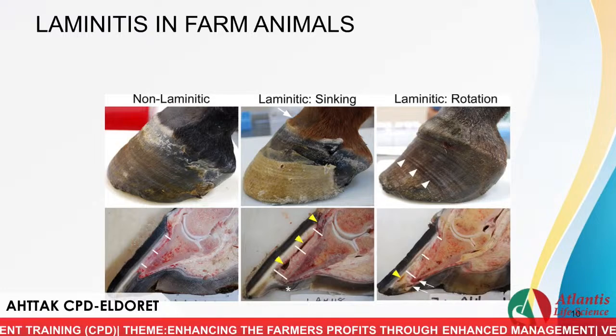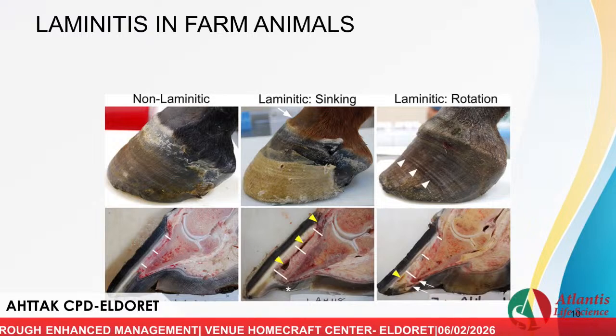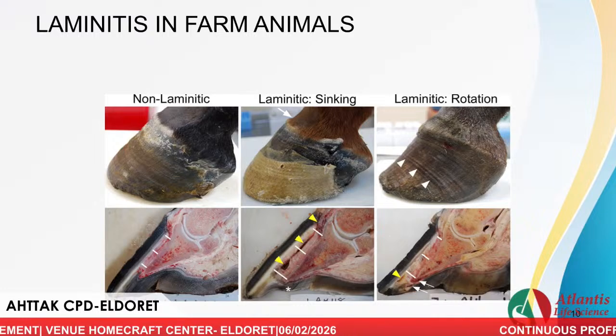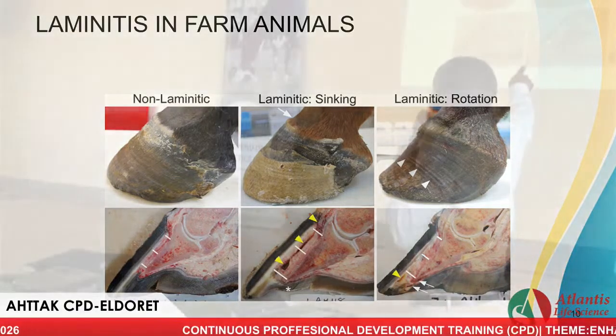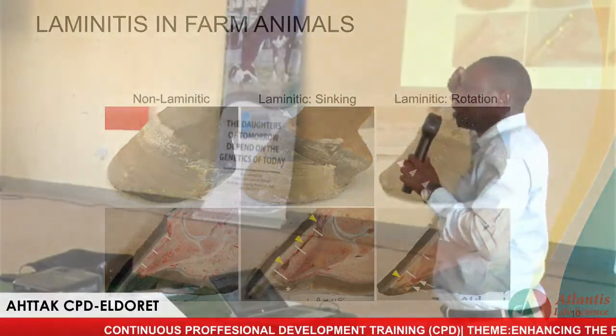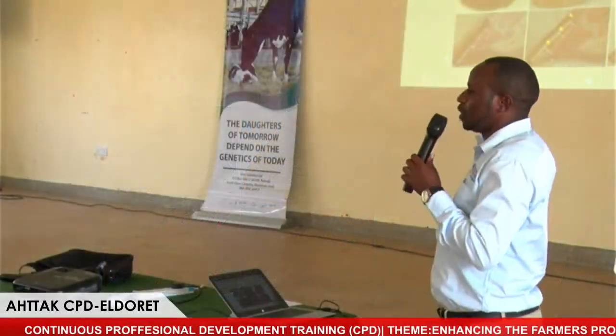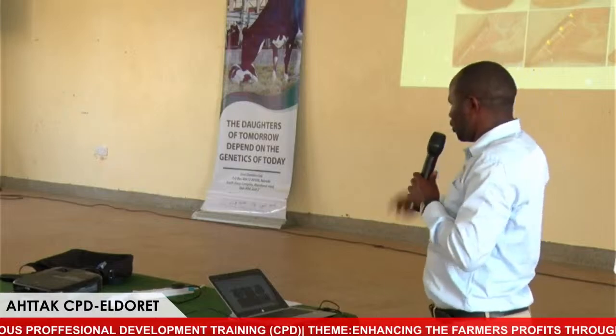A cross-section cut will reveal that the lamina is already having some issues. And then the rotation, which is the last phase, because when the lamina is affected in phase 2, it means that attachment we were discussing, the distal bone is no longer attached, or there is no bonding between the distal bone and the hoof wall.